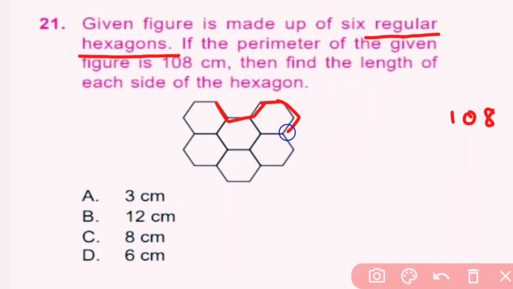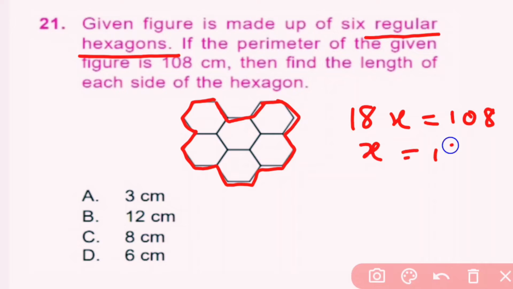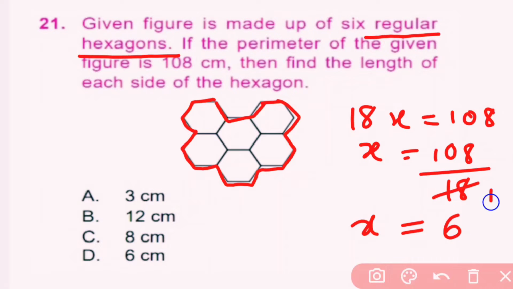There are a total of 18 outer sides, and the length of one side we take as x. So 18x is equal to 108, so x is equal to 108 divided by 18. 18 times 6 is 108. So the length of each side is 6 cm. So here D is the correct answer.